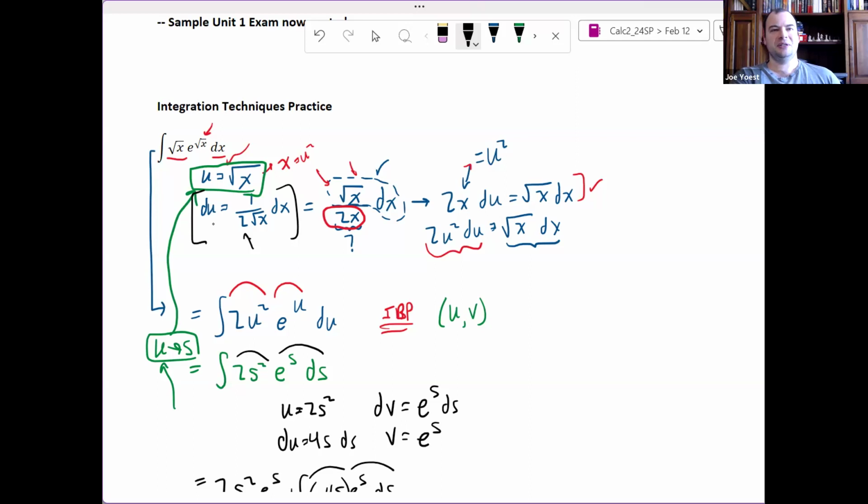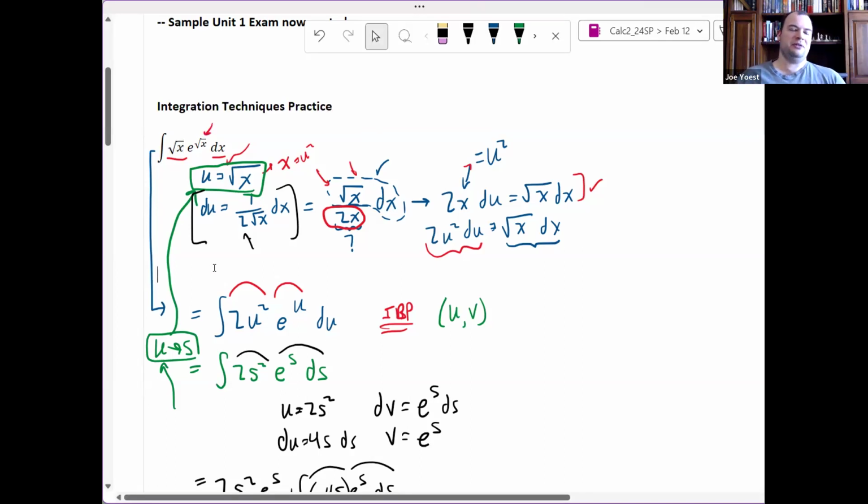But any other option didn't seem super appealing. So pushing through here, trying to find a way to make this work. It's not like du was sine of x dx and I needed to make it square root of x dx. Du was still kind of in the same ballpark as the function that I wanted. So by a little algebraic manipulation, I made it work.